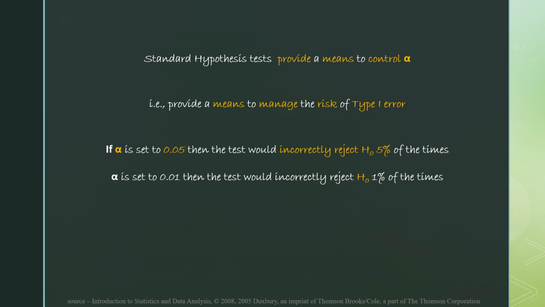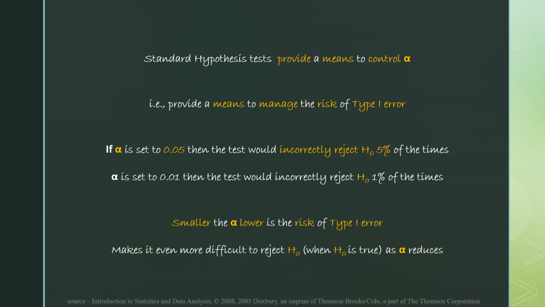Similarly, if alpha is set to 0.01, then the test would incorrectly reject H0 1% of the times. Smaller the alpha, lower is the risk of type 1 error. It becomes even more difficult to reject H0 when H0 is true as alpha reduces.